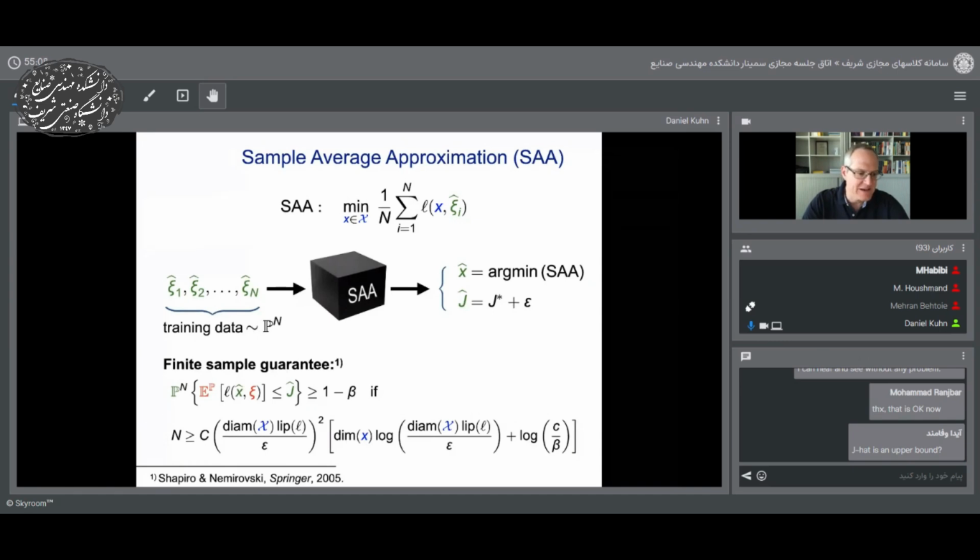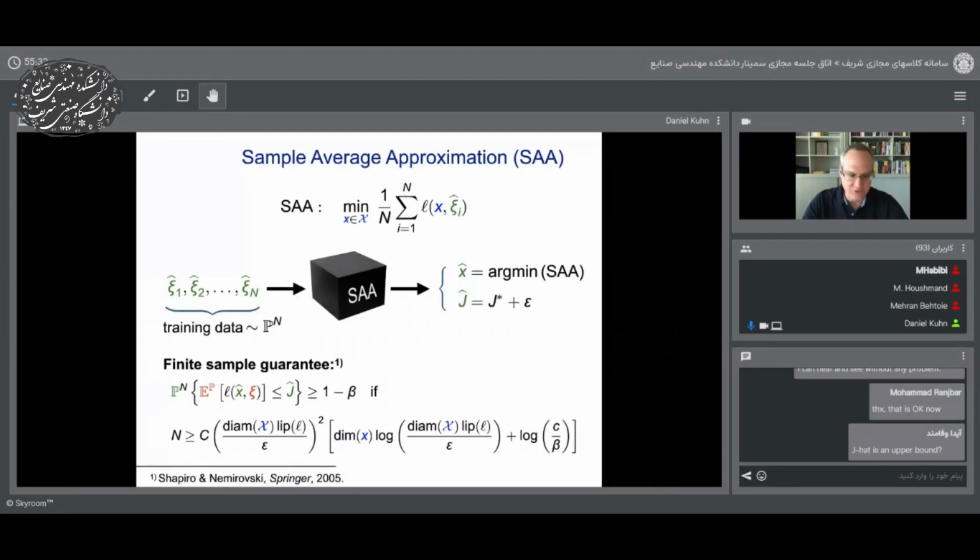That's the inequality with 1 minus beta on the right hand side here, if the sample size n is bigger than this quantity shown at the bottom right of the slide. Shapiro and Nemirovski proved this bound. Now, this is a very nice result, because it tells you exactly how many samples you need to get a good, high-quality solution.